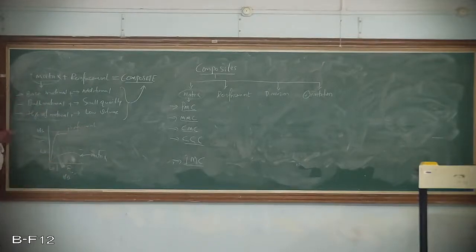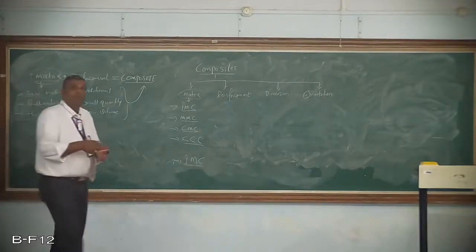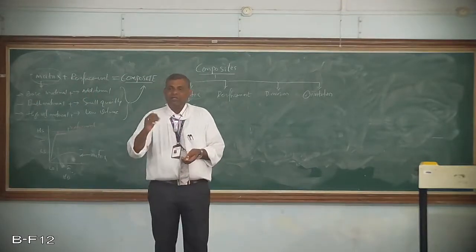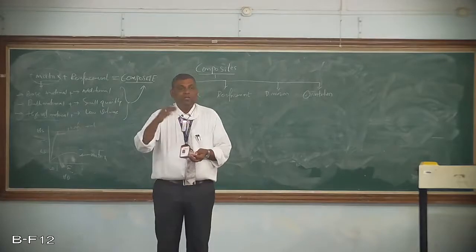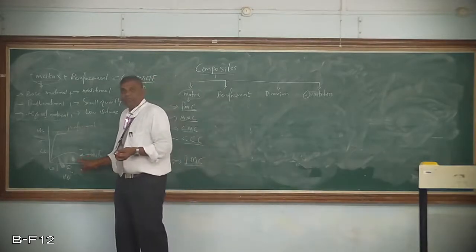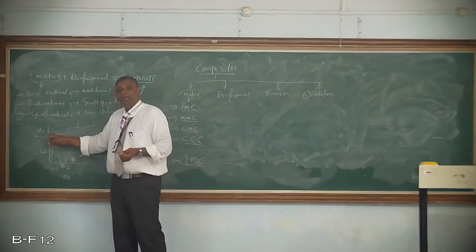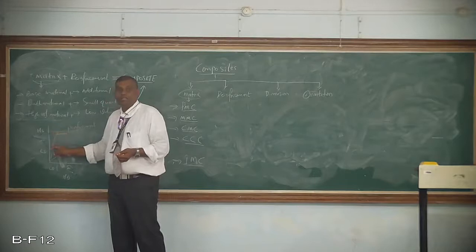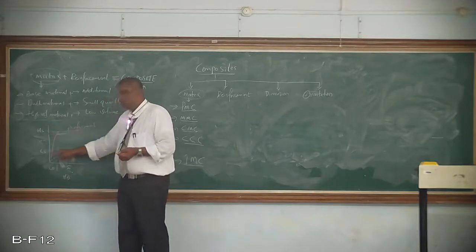So there are two materials with two different characteristics. One has very good ductility but the drawback is low strength, whereas the other has high strength but the drawback is low ductility.